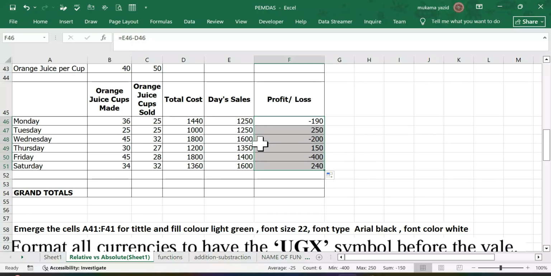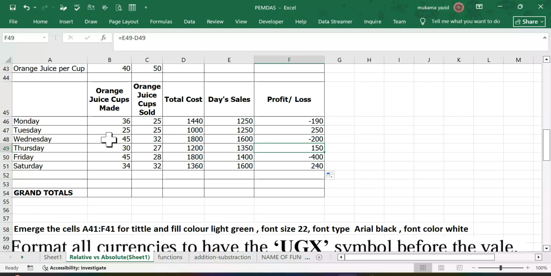So you can even see, if you make 36 and the cost is this one, and you managed to sell 24 and you got this one, you made a loss in simple terms. On the second day you managed to make 25, and you managed to sell 25. It means you didn't gain anything, you didn't lose anything.